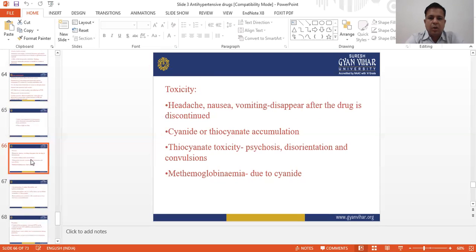Cyanide or thiocyanate accumulation causes thiocyanate toxicity: psychosis, disorientation, and convulsions. Methemoglobinemia can occur due to cyanide.